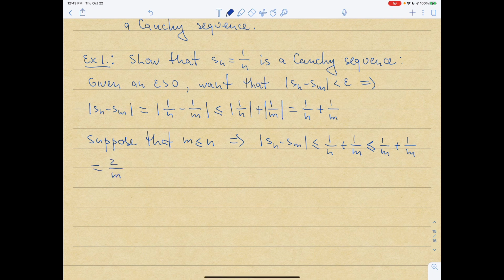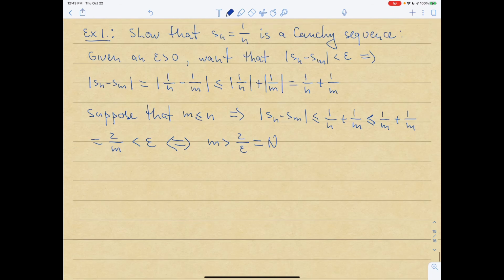And I'm going to request that this is less than epsilon. So 2 over m less than epsilon, that is equivalent to saying that m is bigger than 2 over epsilon. And I'm going to call capital N my 2 over epsilon.